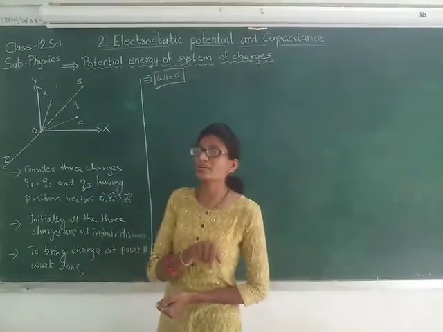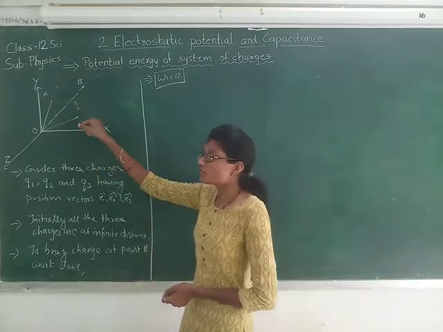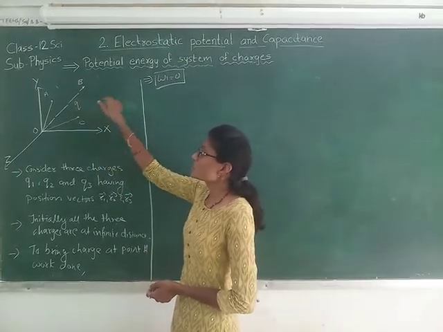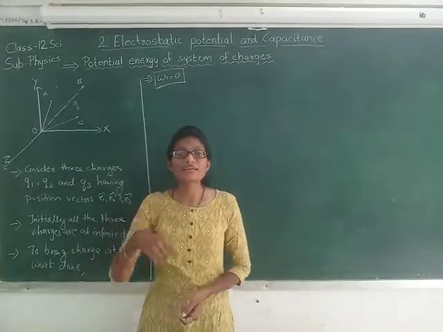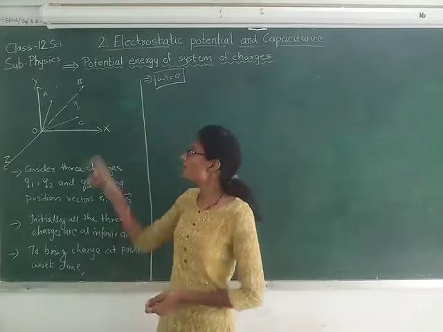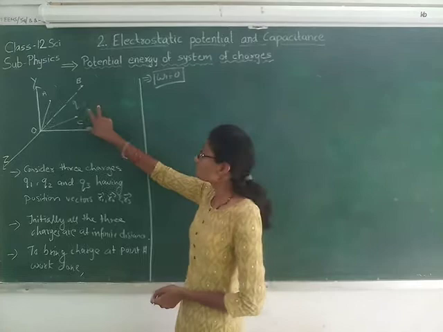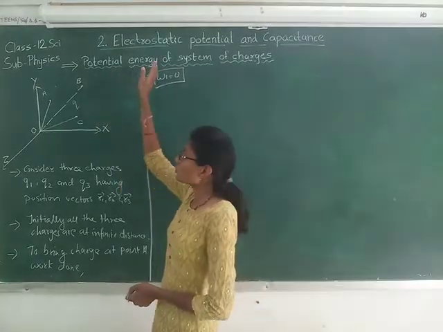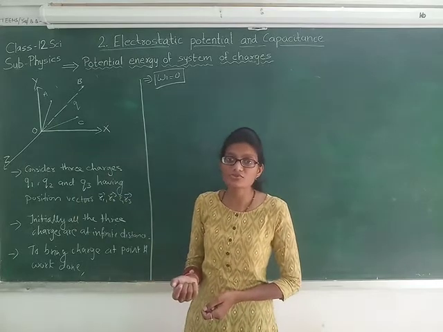Now if we want to bring the charge Q1 from infinite distance to this point, right, what will happen? Because of this charge, the other charge will be going away from that. That is, electric force will be exerted between the two charges, right? And we need to bring the charge near to this. So work is to be done by the external force, right?